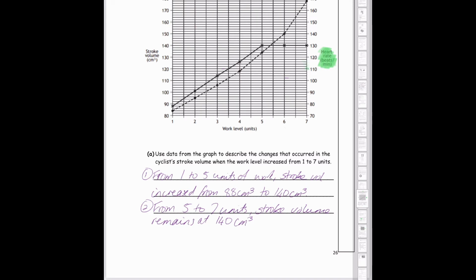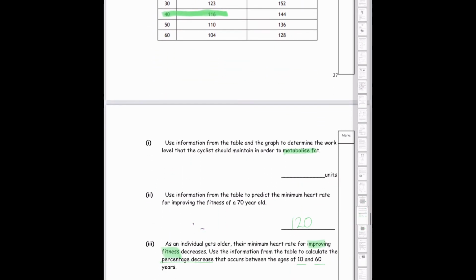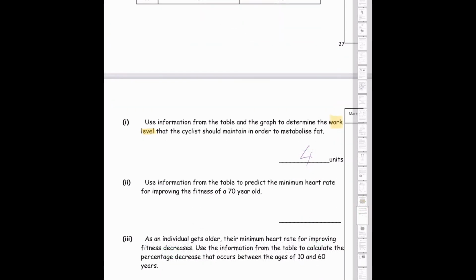So we're here, and we're going to go along until we hit the dotted line, which is here. Then we read that down off the x-axis, and that gives us 4.5 units of work.